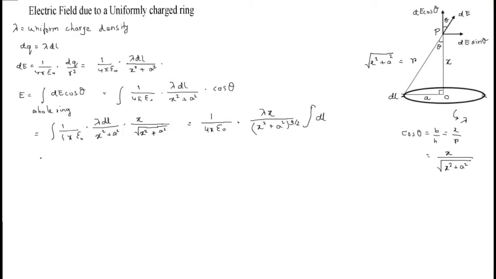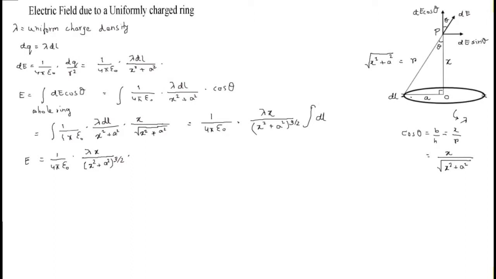Now after we perform the integration, the resultant electric field E turns out to be 1 by 4 pi epsilon naught lambda x by, this part remains as it was in the previous line, the power 3 by 2, into this dl.